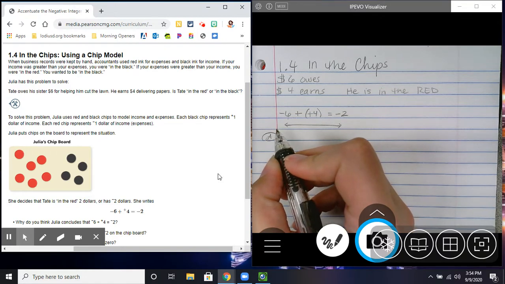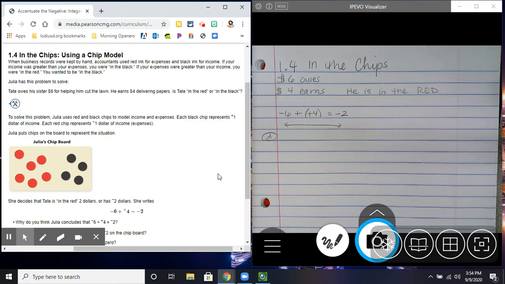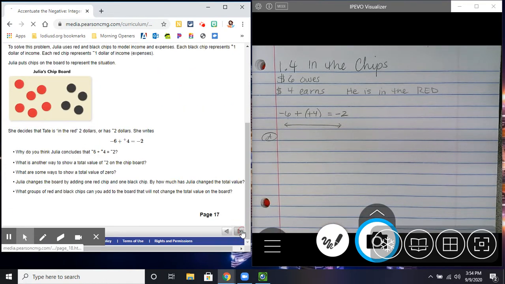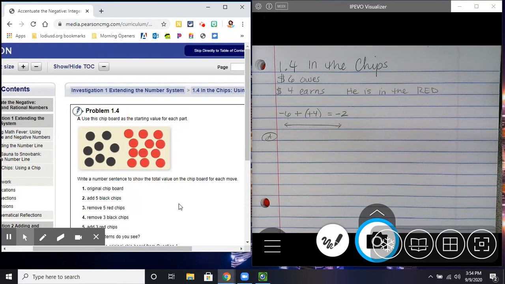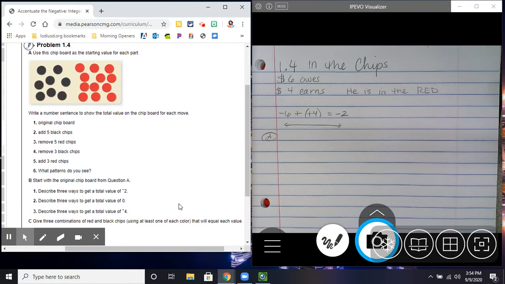Use this chipboard as the starting value for each part. So let me change the page. There we go. I'm going to use colored pens as well.